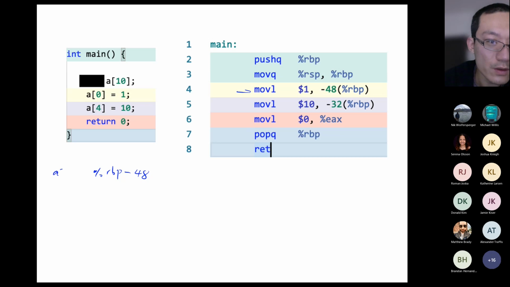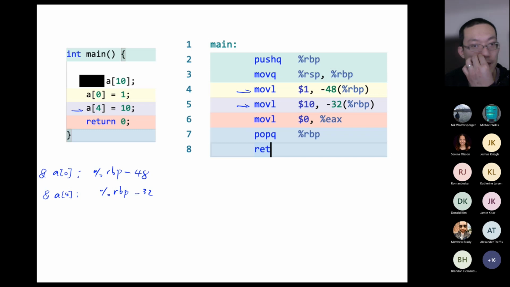So A0, if we look at its address, it's RBP minus 48. And if we look at the next one, the purple zone, we move 10 to A4. So we know A4 is RBP minus 32. This is going to be the address for it.